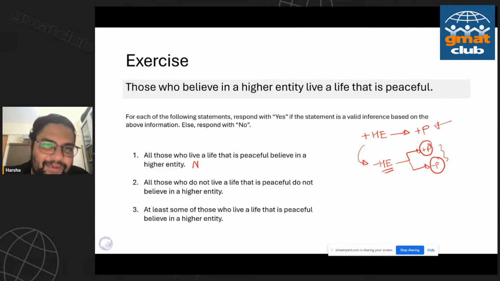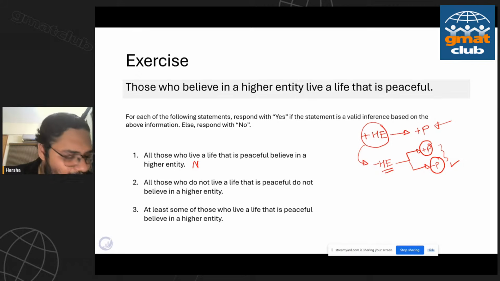Each and every person who believes in a higher entity lives a peaceful life. So if there's somebody who does not live a peaceful life, that person cannot belong to the bucket of people who believe in a higher entity. All those people who do not live a life that is peaceful actually do not believe in a higher entity.